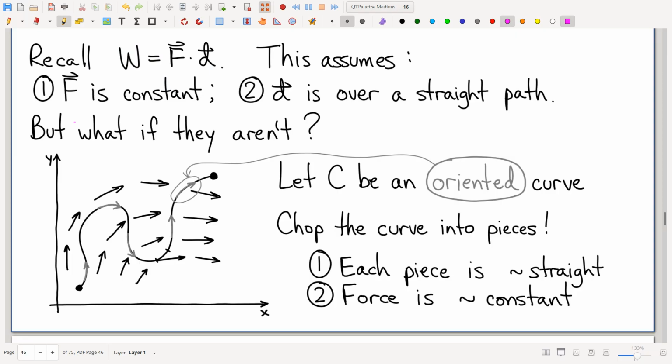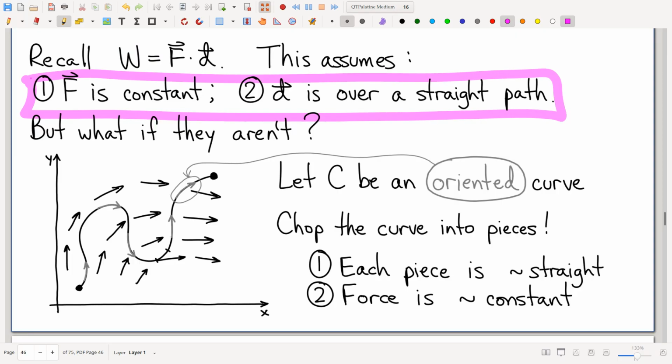Even this had some assumptions that are not very real world. This formula assumes that your force is constant over the entire motion. That's not how reality works usually. Right, sometimes, but not usually. And our displacement may or may not be over a straight path, but again, you certainly can't assume that.